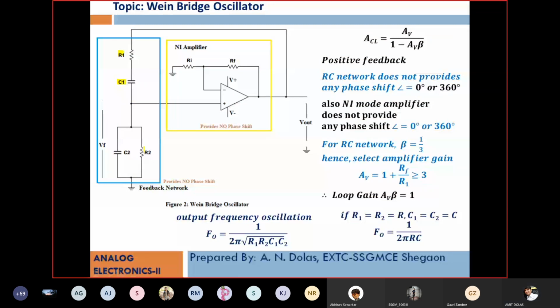So this is the feedback network. Now the network is changed, which means its derivation will also be changed. You can see this output is given to the feedback network as an input here, and the input given to the amplifier is called the output of the feedback network, which is VF.